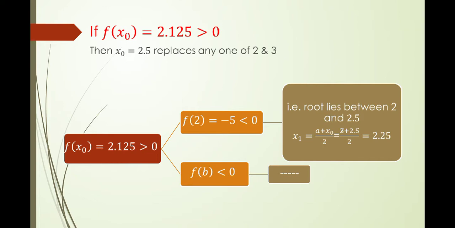We know f of 2 is equal to minus 5, f of x0 is equal to 2.125, both have opposite signs. That means we can say that the root lies between 2 and 2.5. So x1 is equal to 2 plus 2.5 upon 2 is equal to 2.25.